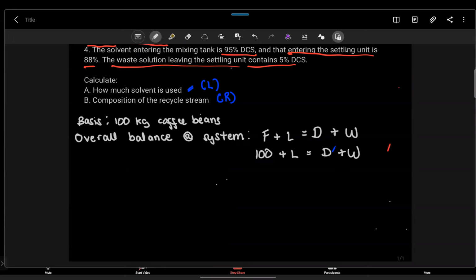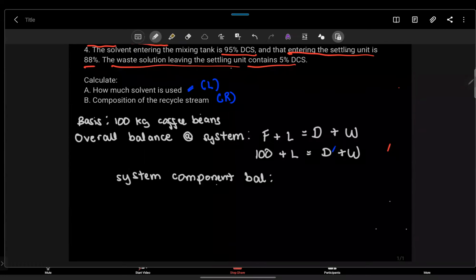So we can probably go with system component balance next. Okay? So again, we're considering still the whole system as a single unit. We already provided here yung ating overall. But how about the components?